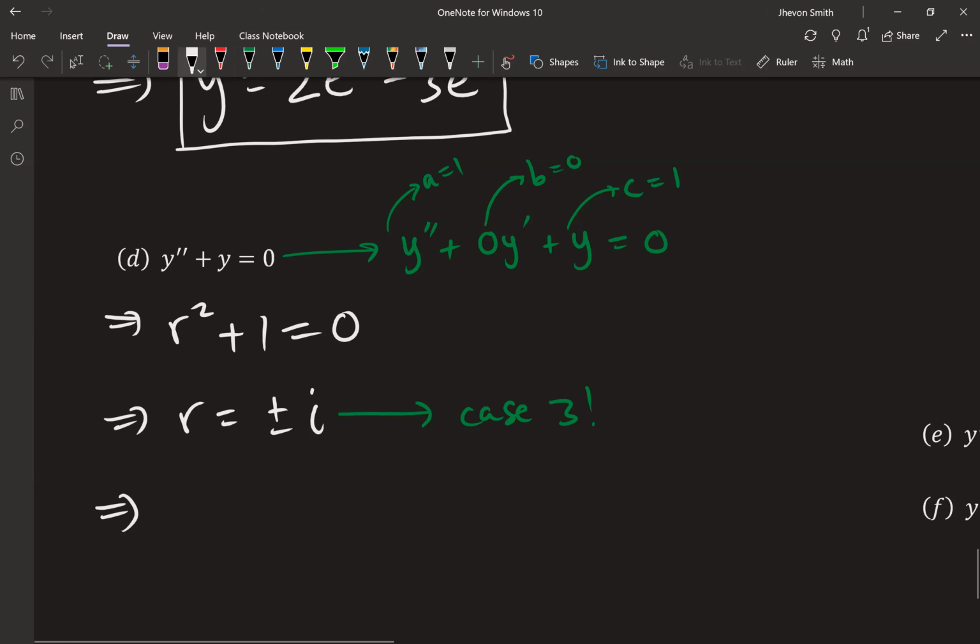So now you can look at the screenshot that you took and tell me what must the answer look like. What does the general solution look like to this?